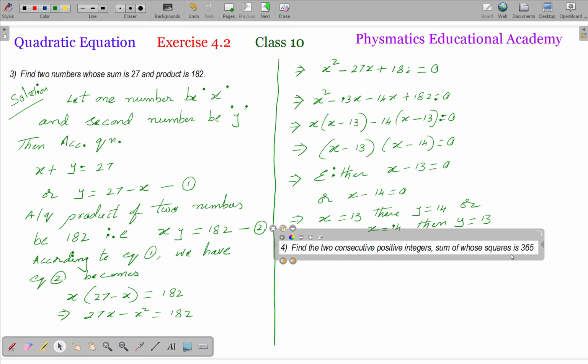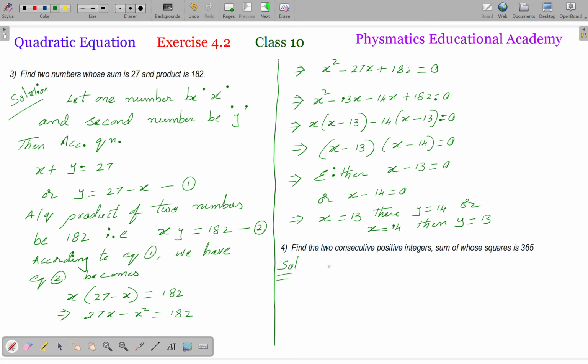Solution: let the two consecutive integers be x and x plus 1.